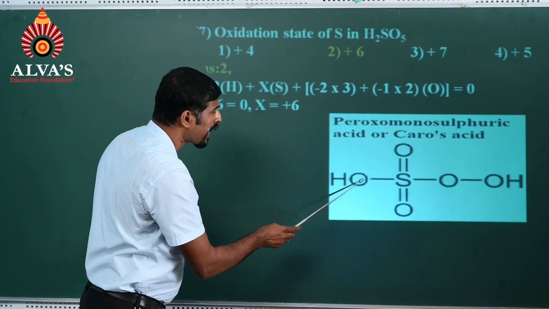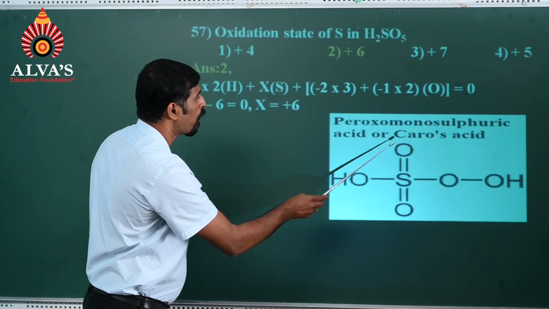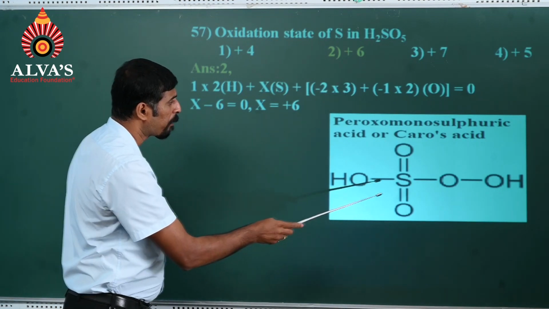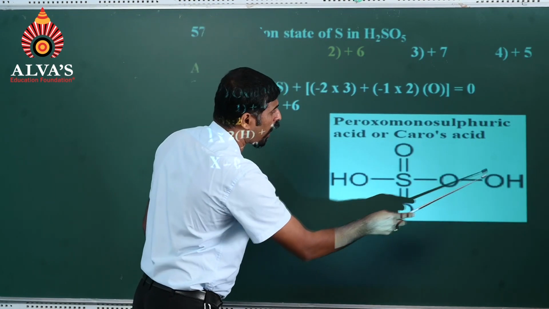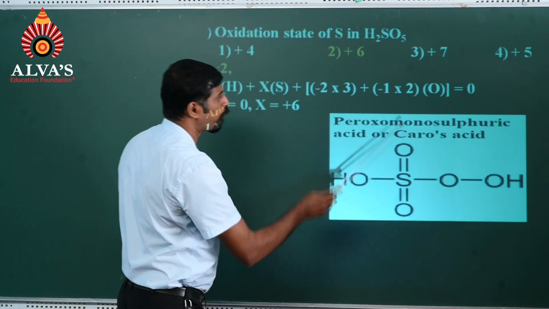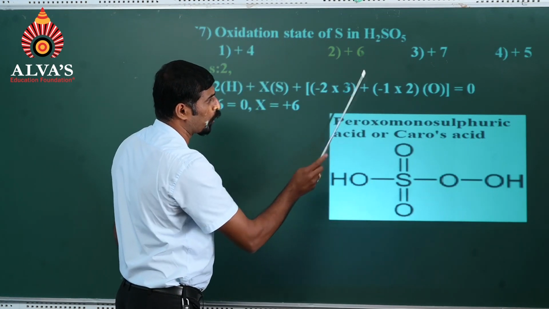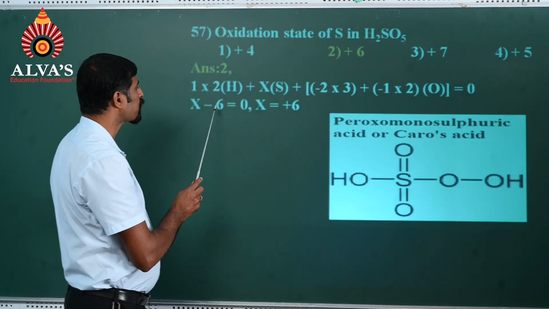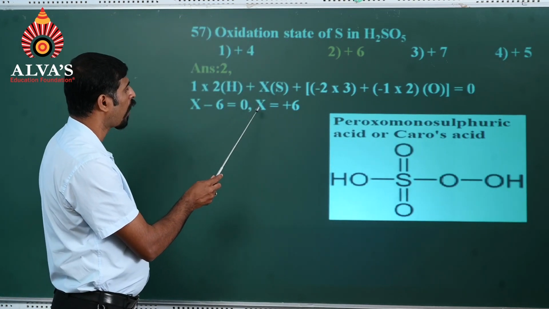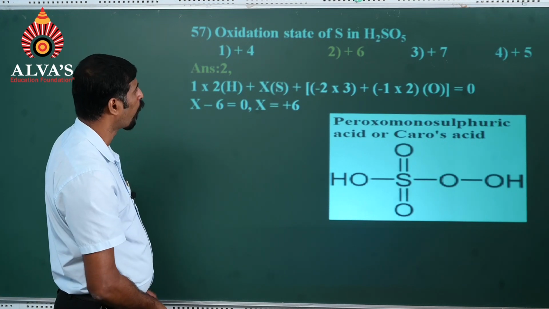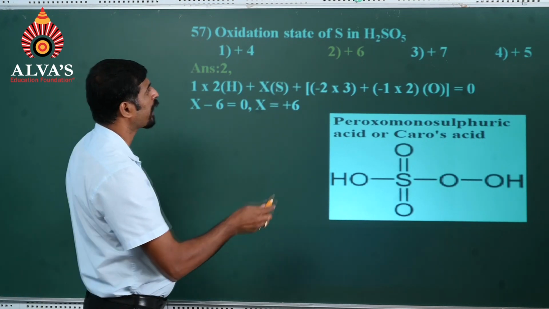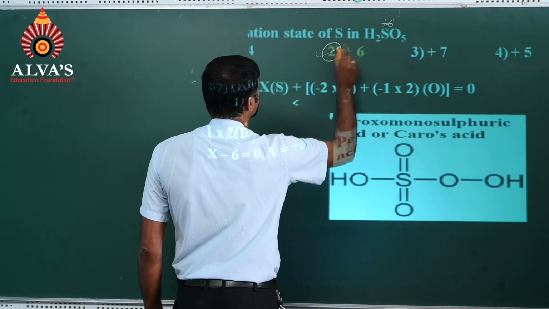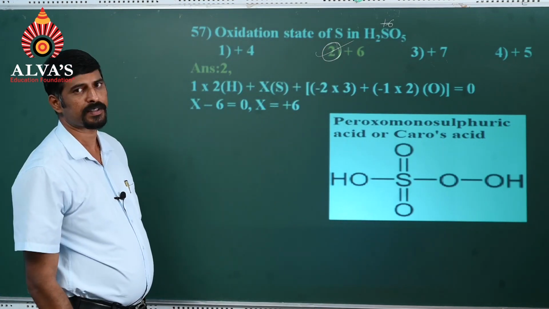Now these 3 oxygens have -2 oxidation state, that is -2 into 3, but observe this, these 2 are in a peroxide linkage, therefore it is -1 into 2 for oxygen, that is equal to 0. Now X is equal to +6, therefore the oxidation state is +6. Hence the second option is the right answer.